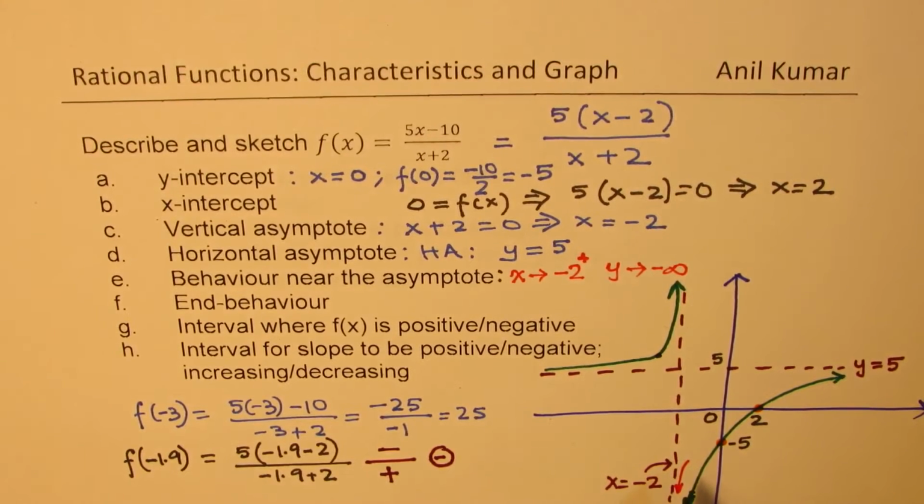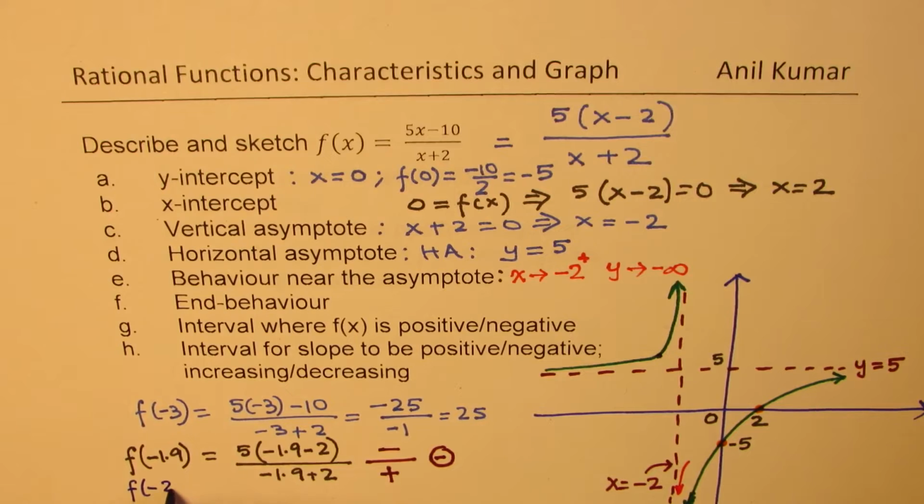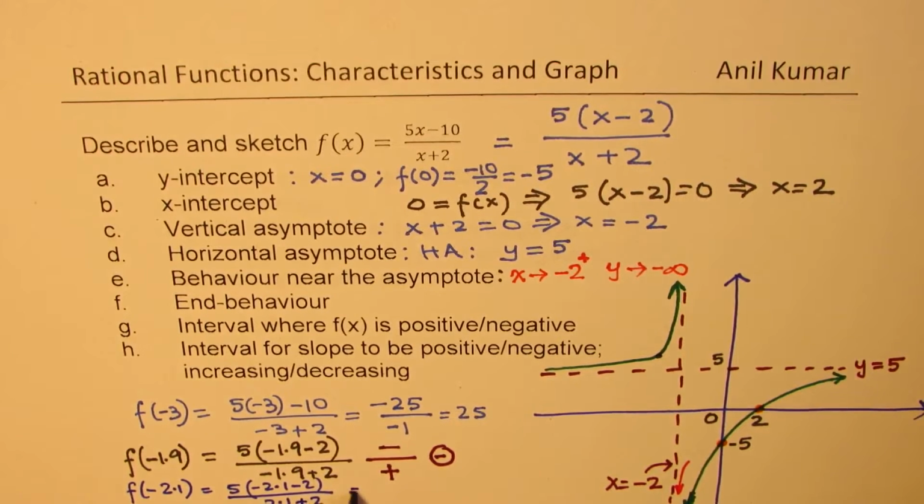Now to find the behavior near the vertical asymptote from the left side, we can calculate the value at minus 2.1. So when I substitute minus 2.1, I get 5 times minus 2.1 minus 2 over minus 2.1 plus 2. Now in this case, we get both negative.